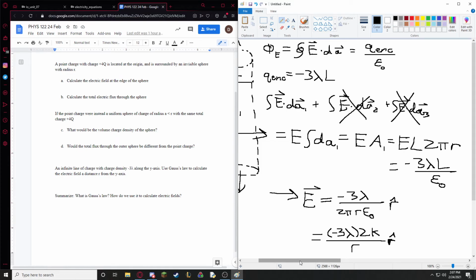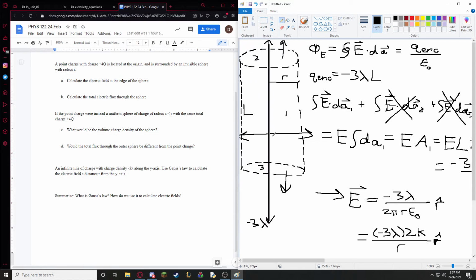What else we could do here is select our point r, and integrate over this entire line of charge from negative infinity to infinity. We could try to derive the electric field like that, but it just gets ugly. And it's not fun. And you have to make certain assumptions before you go in.